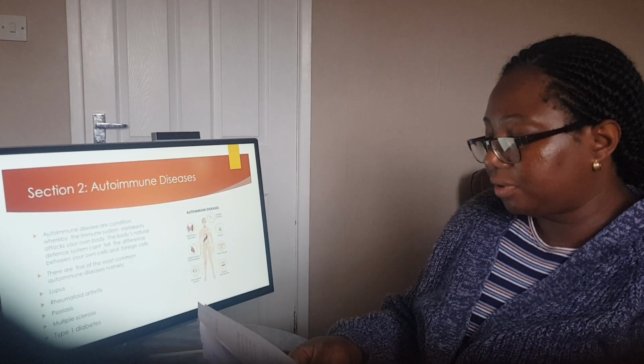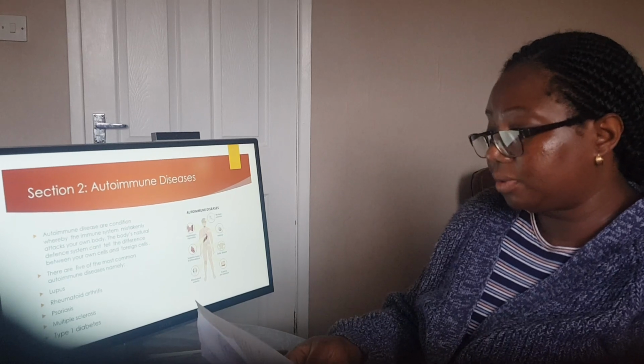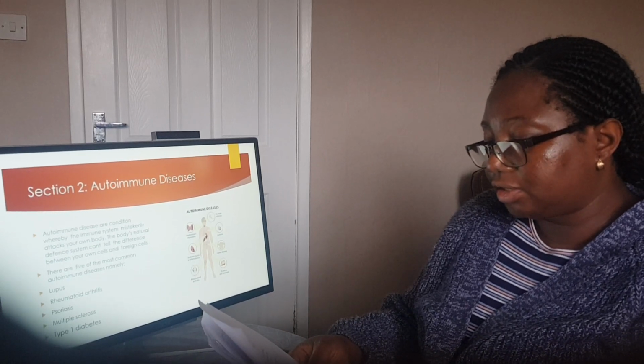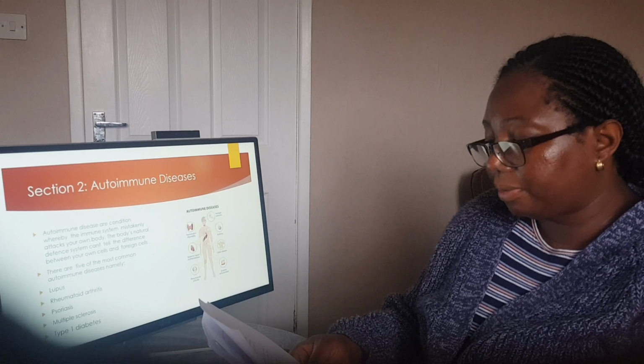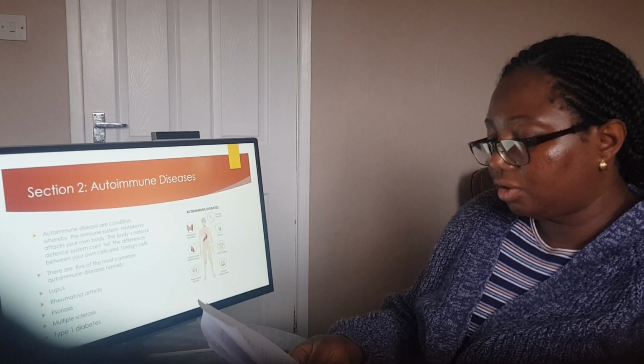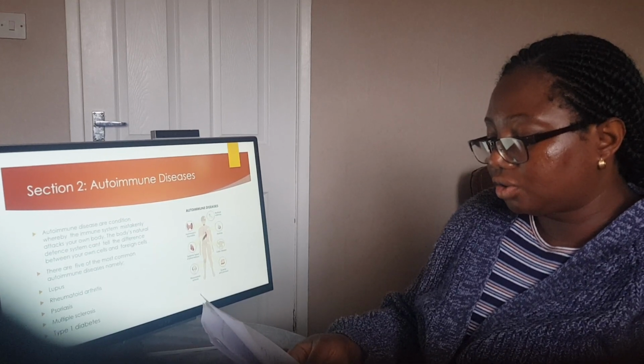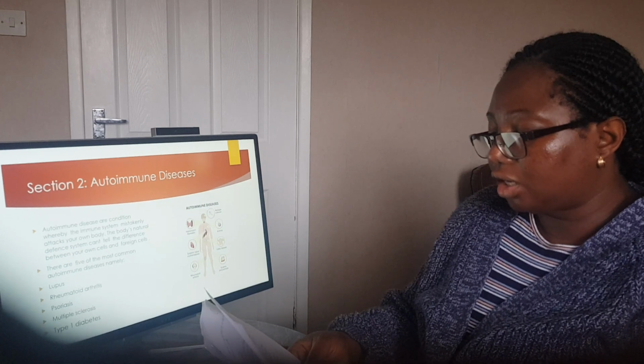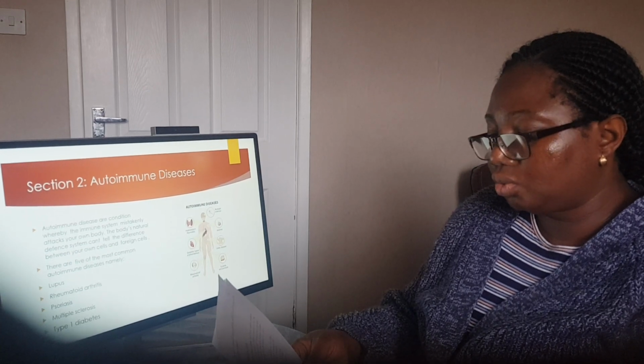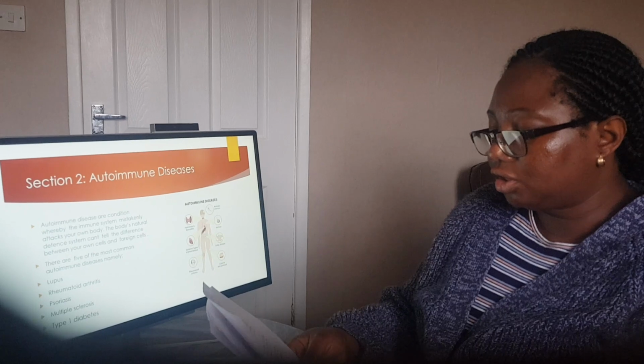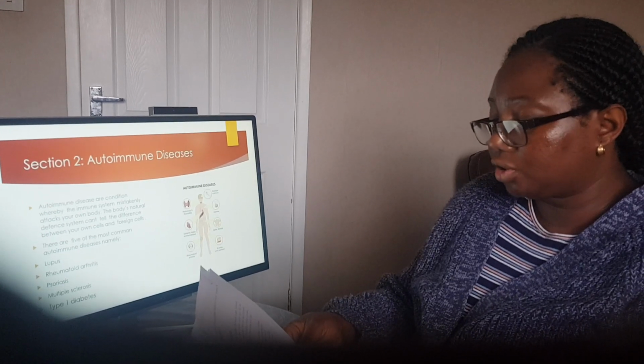The 2 I'll be describing are rheumatoid arthritis and type 1 diabetes. Rheumatoid arthritis is categorized as a type 3 hypersensitivity. It is a long-term autoimmune disorder that affects joints, and its common symptoms are swollen, warm, and painful joints. These symptoms may fluctuate and worsen.